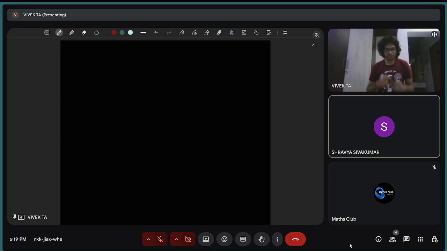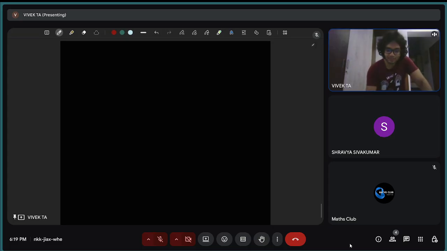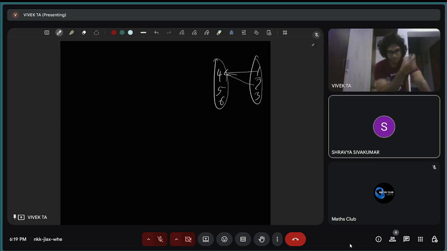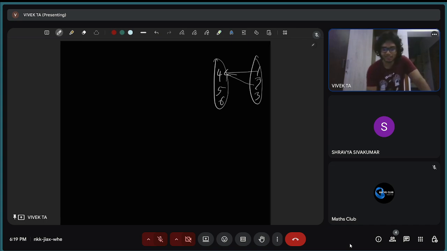Two images might be equal, but as a set, they are the same element. Essentially, like taking 1, 2, 3 and 4, 5, 6, and mapping 1 and 2 to the same element. So in the image, it will correspond to one element, 4. So they will be distinct.